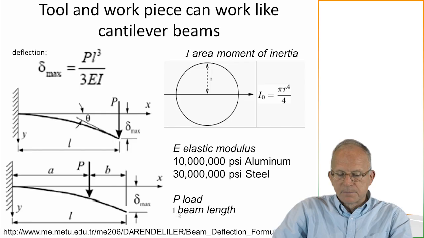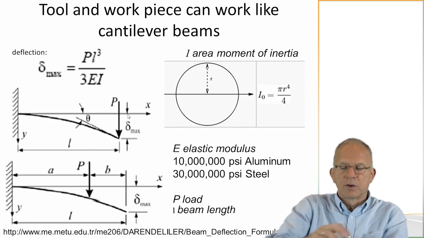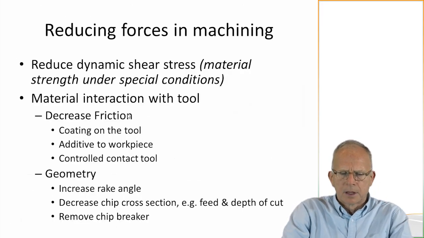So if the beam length L doubles, the deflection is going to go up by a cube of that, or a factor of 8. And if you have the workpiece just held in a lathe and hanging over, we have the same sort of relationship there. So there can be problems with chatter.